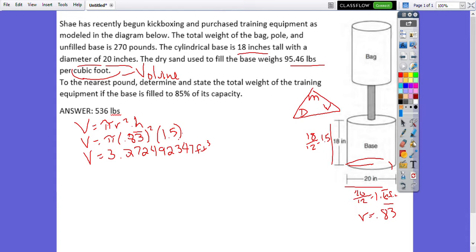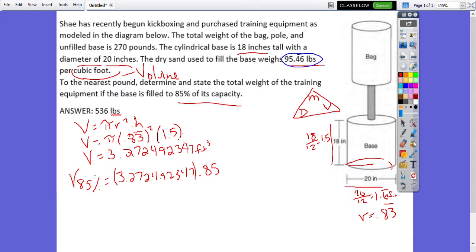So for every 1 cubic foot, this bag weighs 95.46 pounds, okay? Now keep in mind though, we're only going to fill the base up to 85% of its capacity. So we only want to take this volume and do 85% of it, okay? So we're going to take that number, 3.2724923347, and multiply it times 0.85 or 85%.